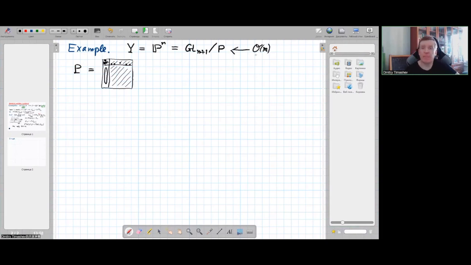Recall that this line bundle O(m) is defined as follows. Its fiber over any given point in a projective space is just the space of homogeneous functions of degree m on the line in the n+1 dimensional vector space corresponding to this point in P^n.